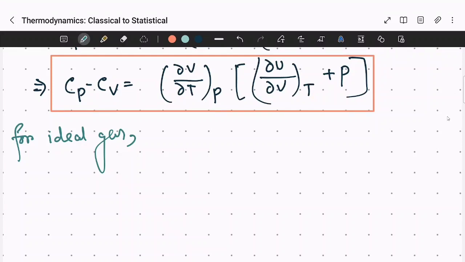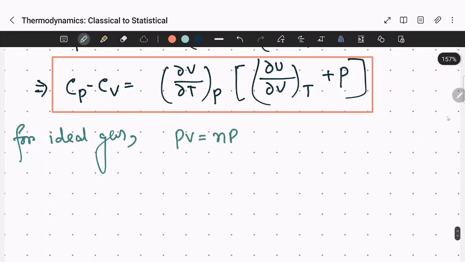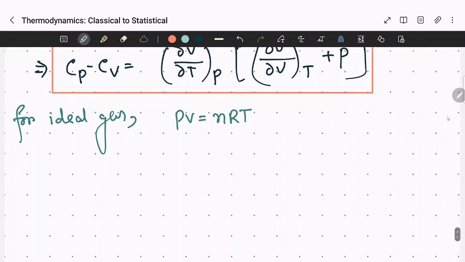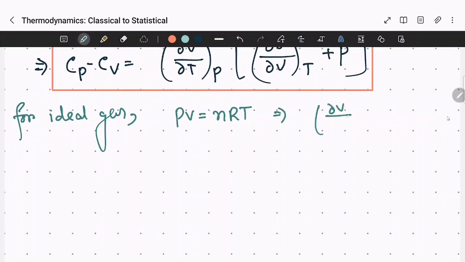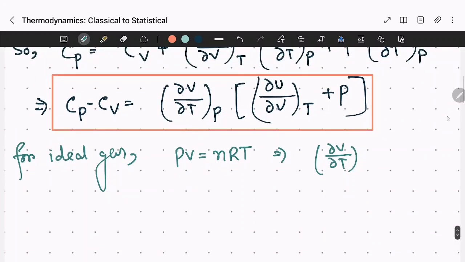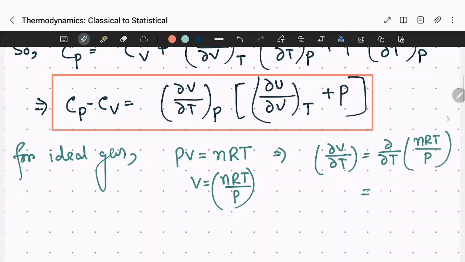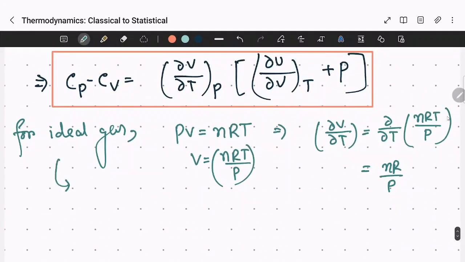Okay, for an ideal gas, P equals nRT by V, that is PV equals nRT. So (∂V/∂T) at constant P, where V is nRT by P, means nR by P. And for an ideal gas, we already discussed, (∂U/∂V) at constant T is 0, because at constant temperature the internal energy change is 0 for an ideal gas.